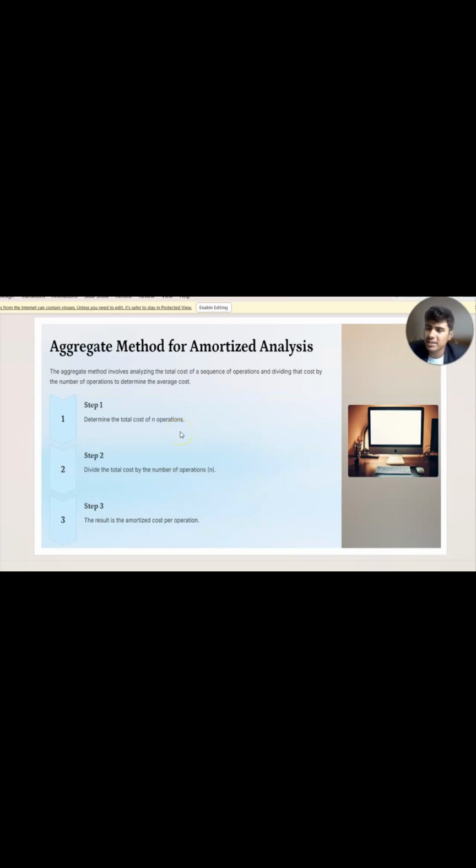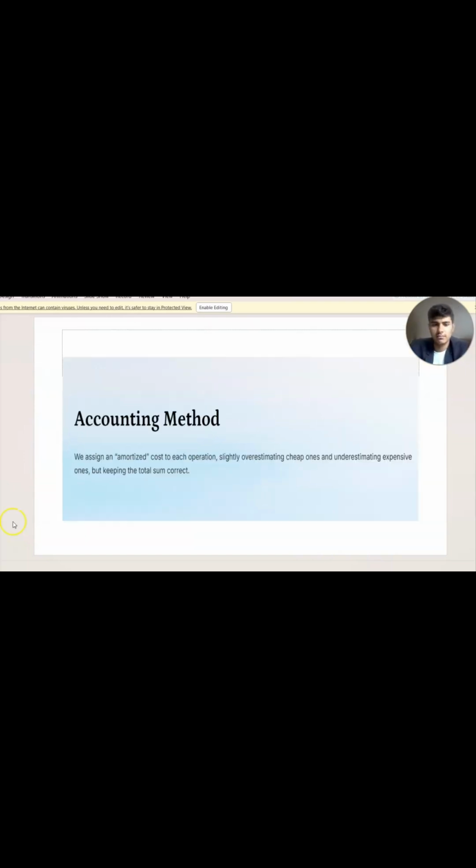Then the aggregate method, which is what we saw in the above example: it is nothing but the average cost, that is total cost upon number of operations, n. Then in the accounting method, there is an amortized cost which we assign to each operation, slightly overestimating cheap ones and underestimating expensive ones, but keeping the total sum correct.